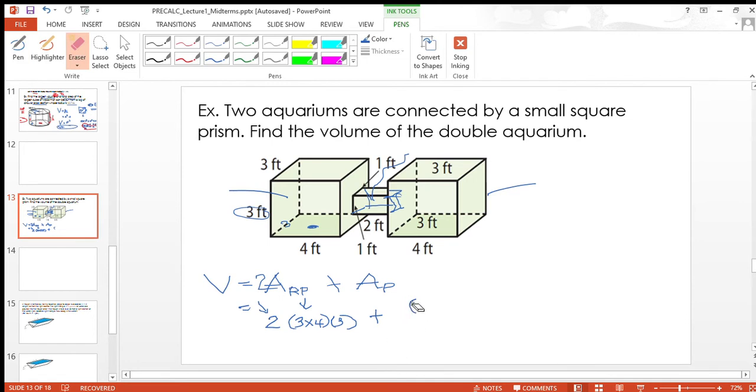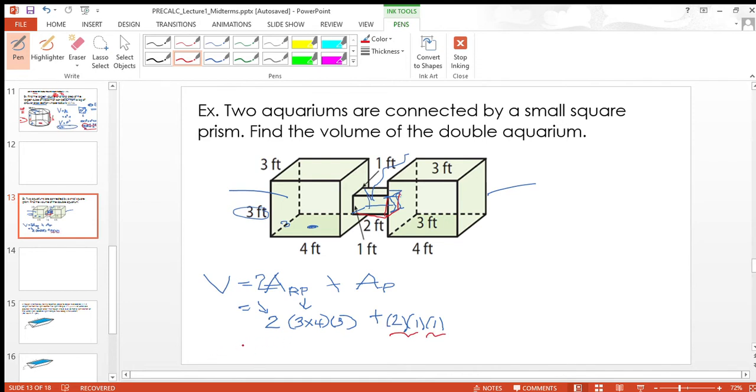You get the area of the rectangular base. You have 2 feet by 1, 2 times 1. And then the height is also 1. Right? Rectangular parallelepiped also. So you get the area of the base, a rectangular base, 2 by 1. Then the height is 1 foot. So there you have it. Rectangular base, 2 by 1, and then the height is 1.